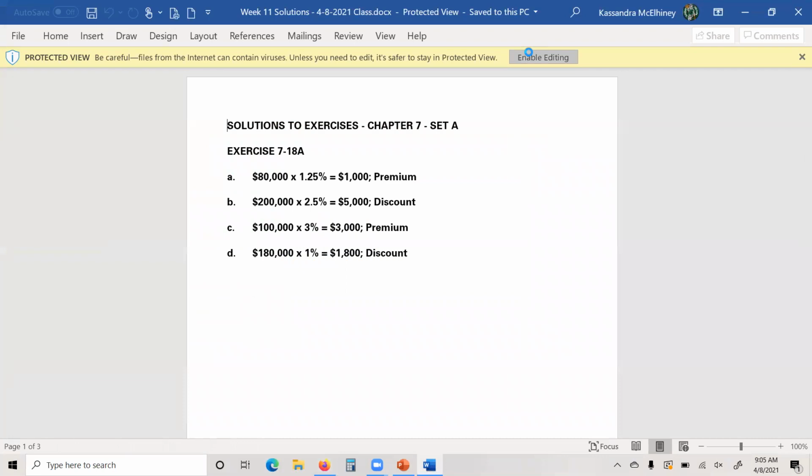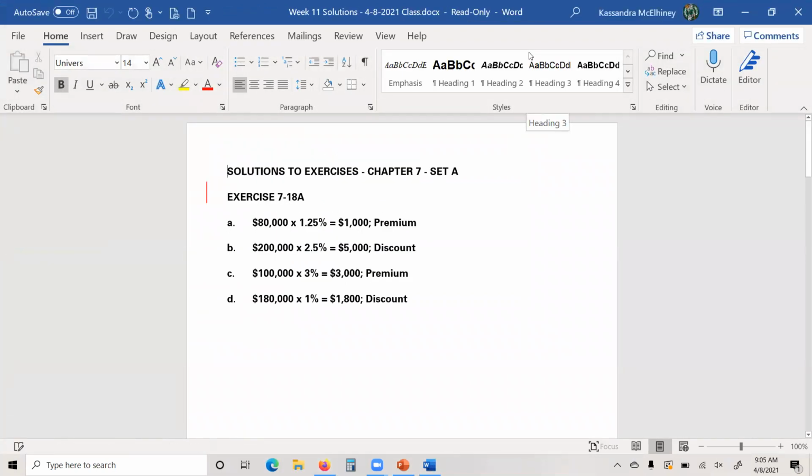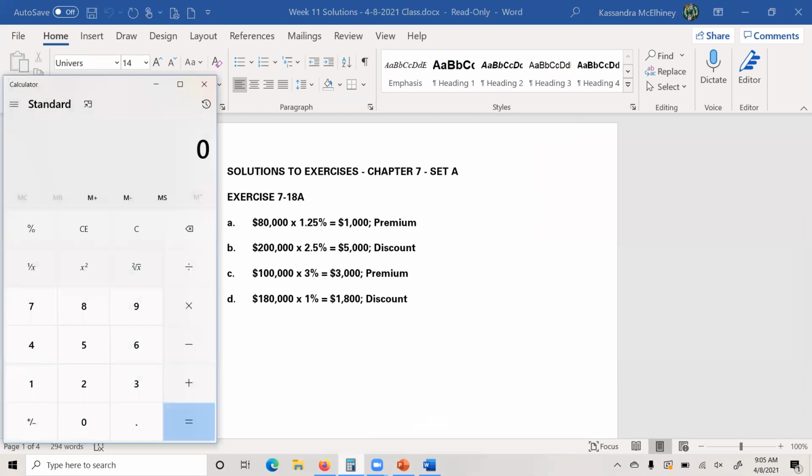Okay, so exercise 7-18 is on page 281 of the textbook, and that's determining the amount of bond premium or bond discount on given bond issues. The first problem states that we have Gray Company that issues $80,000 worth of bonds at a price of 101.25% of face value.